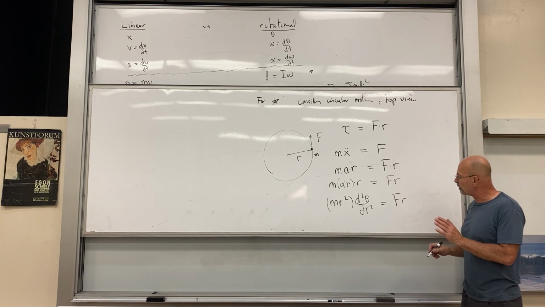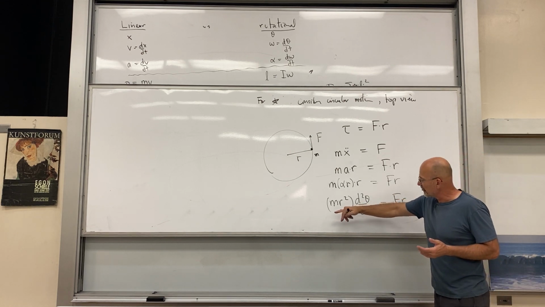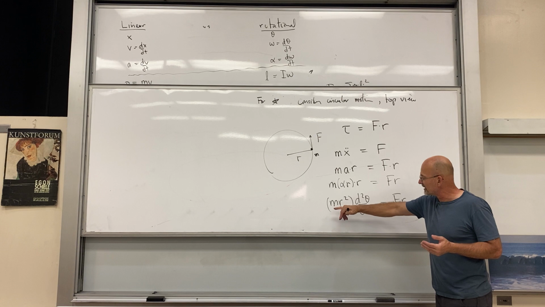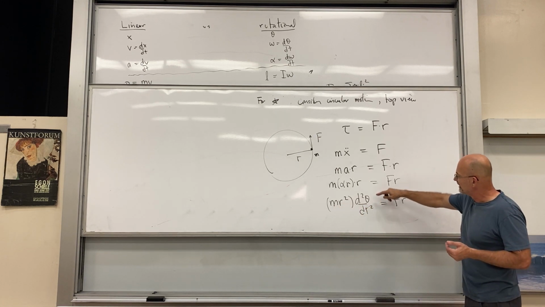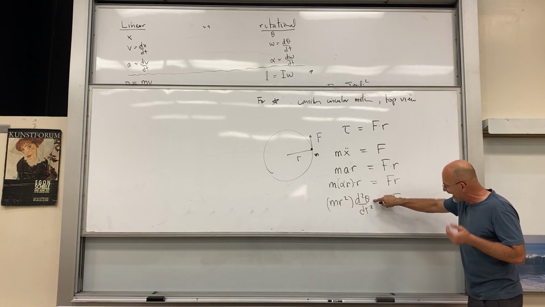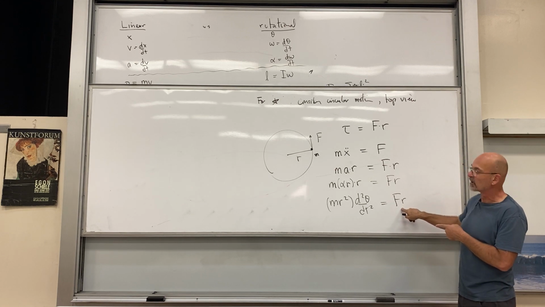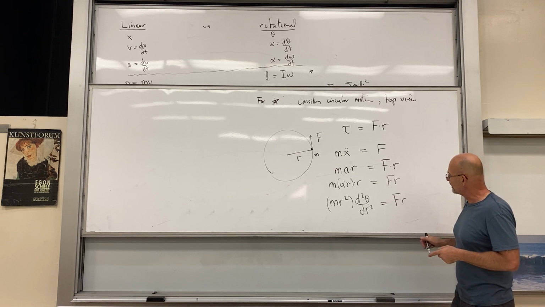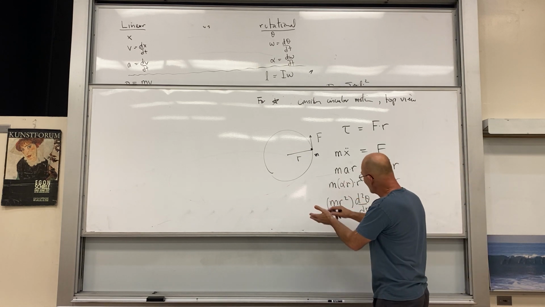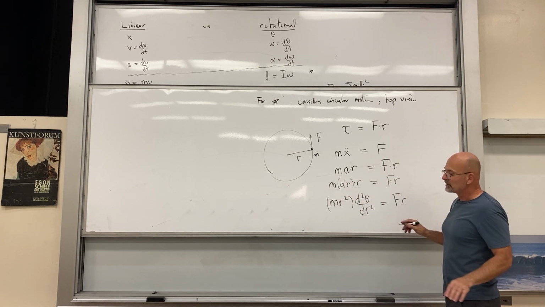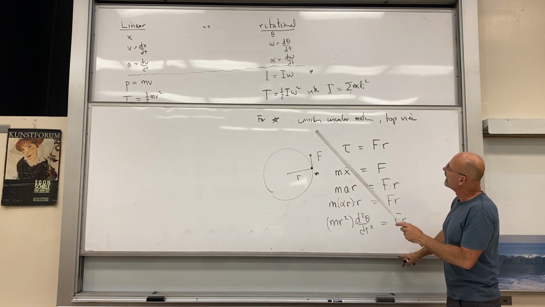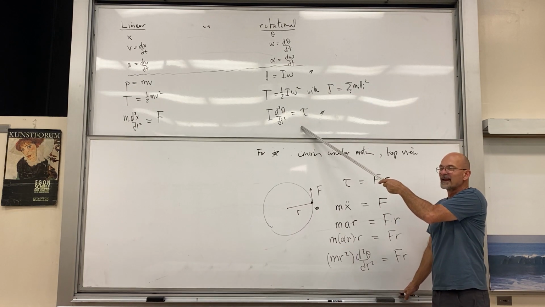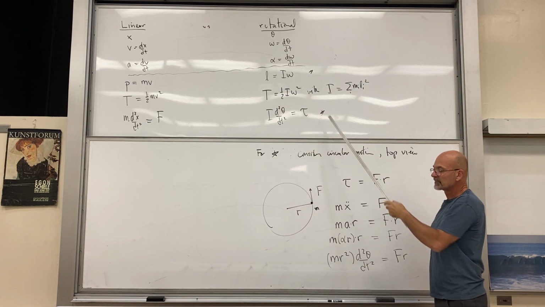So for a single point mass, you've got moment of inertia, angular acceleration equals the torque expression right there. And if you integrate these up on both sides, then you will get this dynamical equation right here.